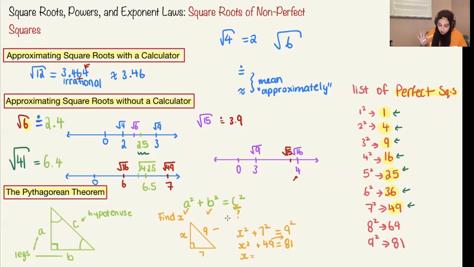If it was multiplication, you turn it into division, and so on, right? You do the opposite operation. And that is what we're going to do. So x squared is equal to 81 minus 49, which is equal to 32.